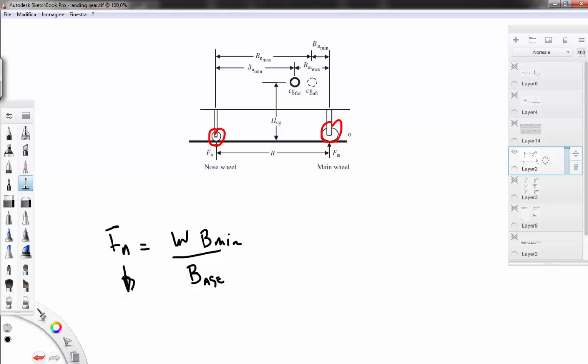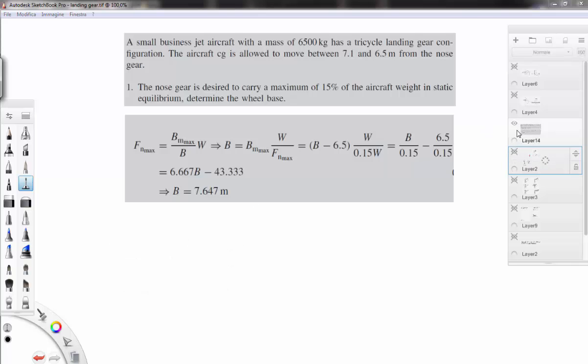The force on the nose usually is between 5 and 20%, and on the main wheel is the remainder. So we will see an example here. I will explain the calculation. I will not read it because everyone can read.